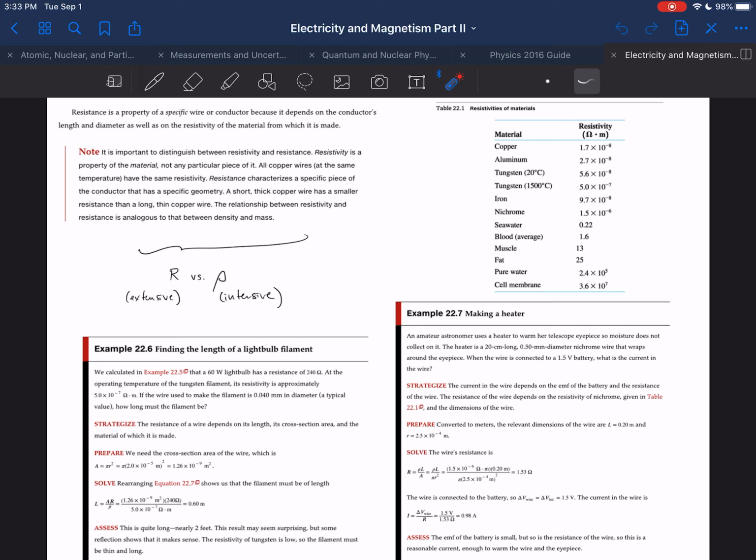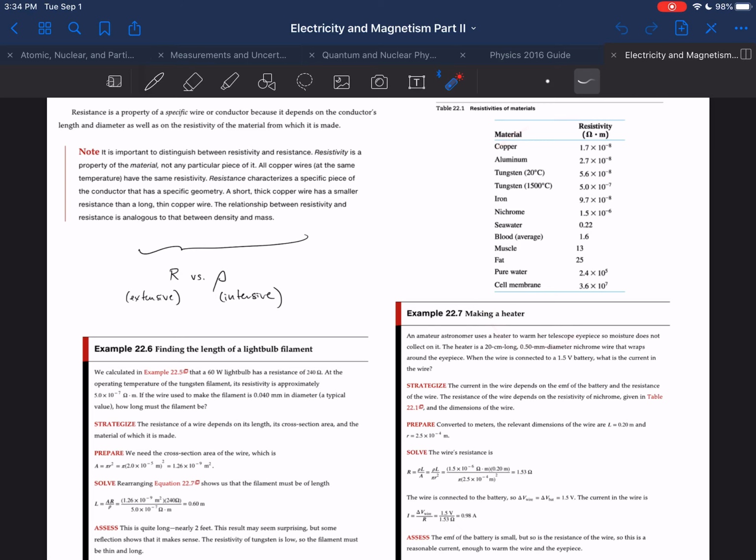An intensive property is a property that is independent of amount. So resistivity is a lot like density. It's a property of the material itself, not an actual object. Whereas resistance can change if you literally change the object that you're holding, rather than just the material.